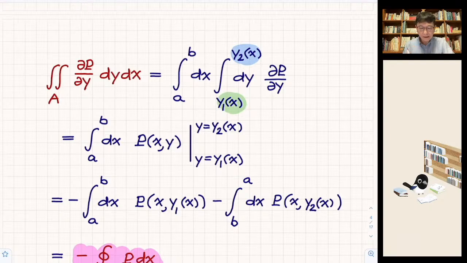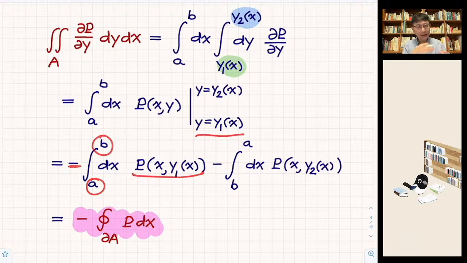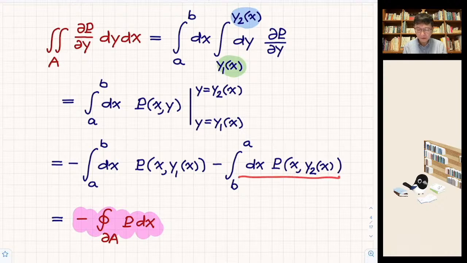Once you plug it in, you get one term here and another term here. Watch out for the minus sign. I will reshuffle the lower and upper limits to make the sign correct. So there will be one term that gives you minus the integral from a to b of p integrated over y1(x), and there will be another term that is the integral from a to b.